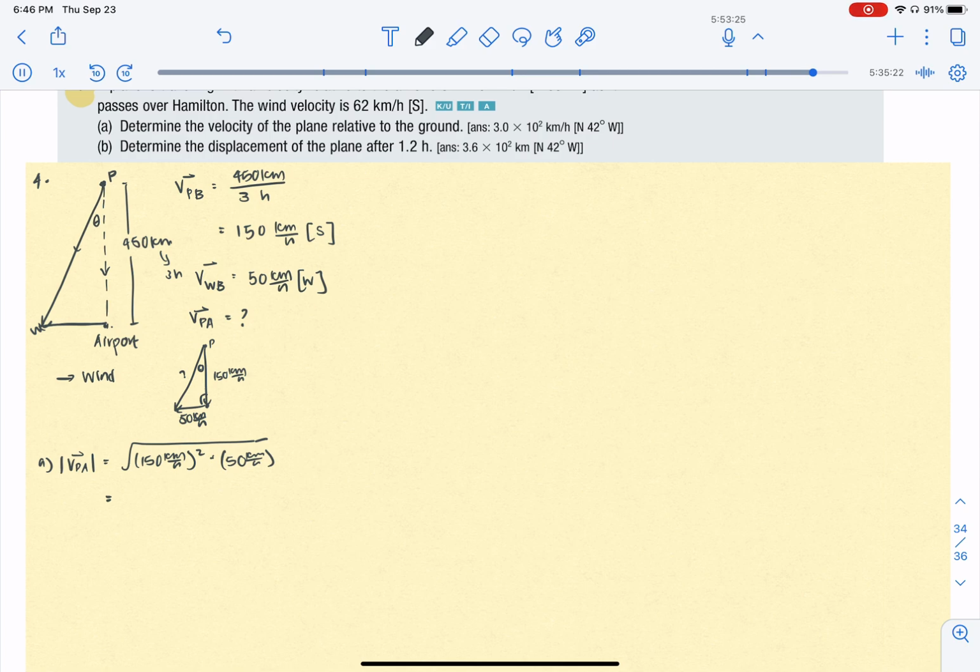The tangent? No, that's a hypotenuse down here. We know this and we know this, right? Oh, right. So you did the sine of theta with the hypotenuse. Yeah.